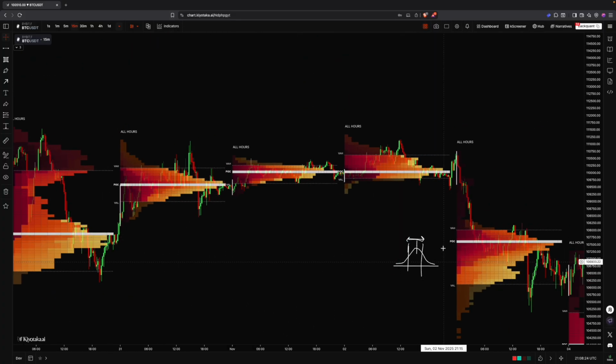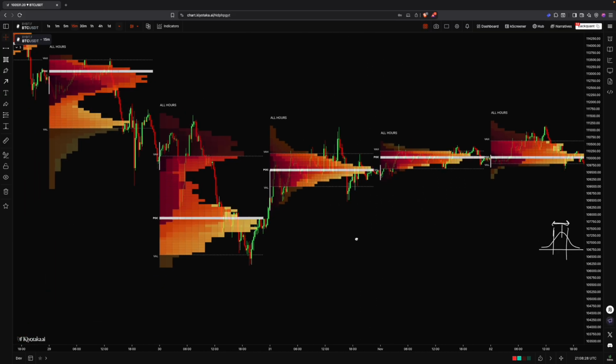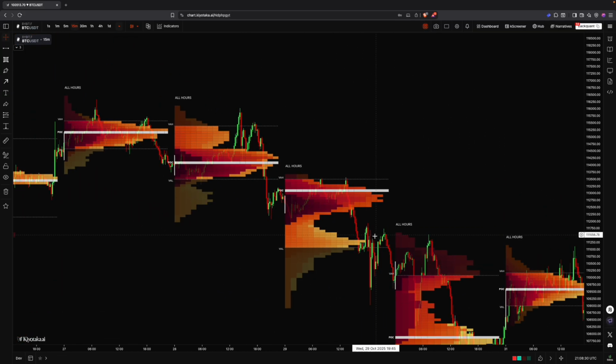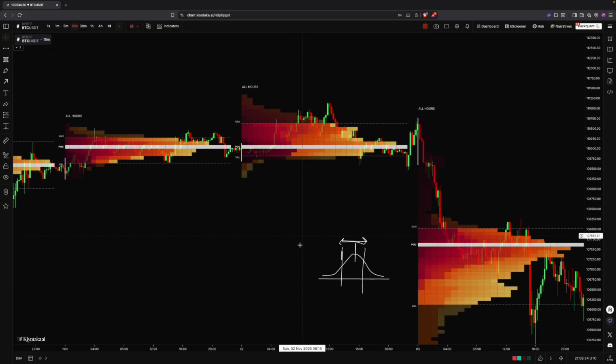So this is most accurate in ranging days, and it's less evident in trending days. And this brings us to the states of inefficiency and efficiency, or imbalance and balance, as efficiency and imbalance as inefficiency. These are the fundamental states which govern the movement of price in the market.